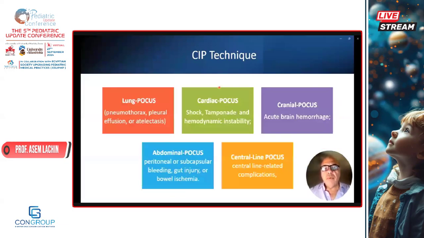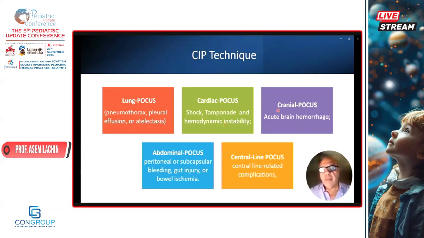Based on those causes, the crashed infant protocol is classified into 4 modules, and the 5th will be included in the cardiac POCUS. The first module is the lung, looking specifically for pneumothorax, pleural effusion or atelectasis, followed by cardiac POCUS, looking for shock, tamponade, and hemodynamic instability.